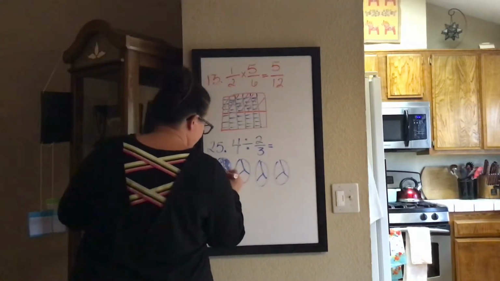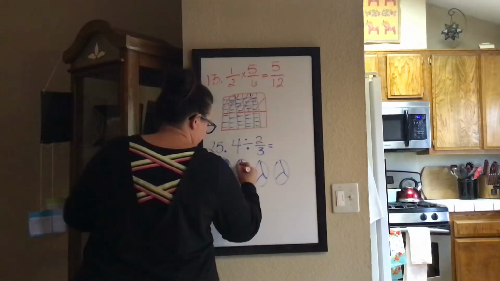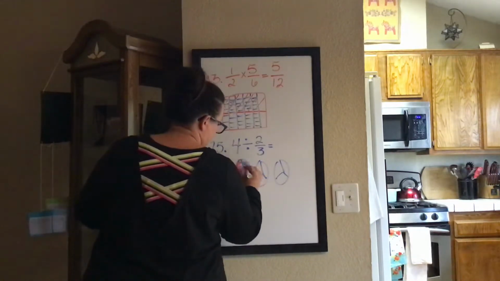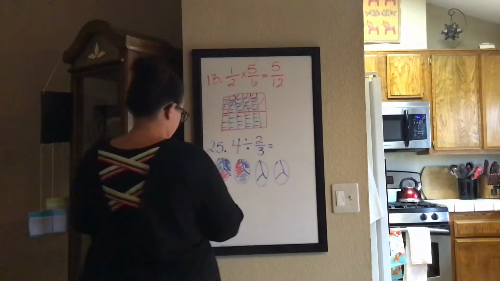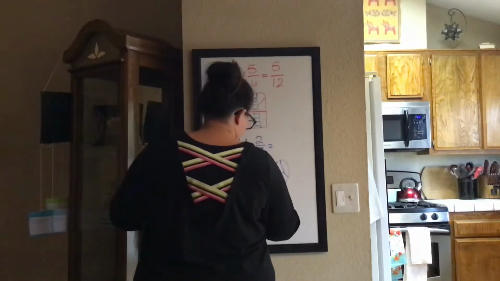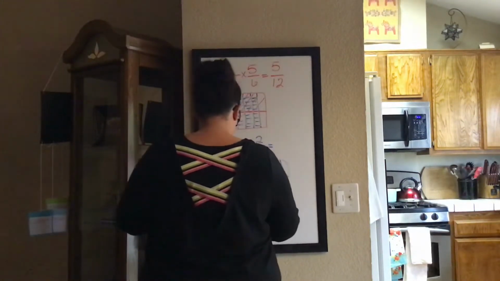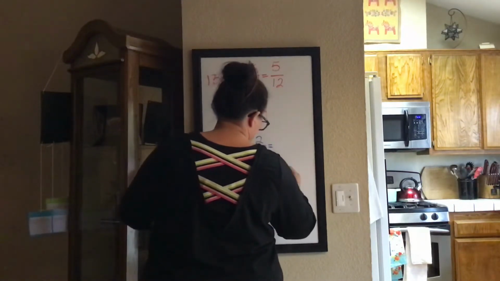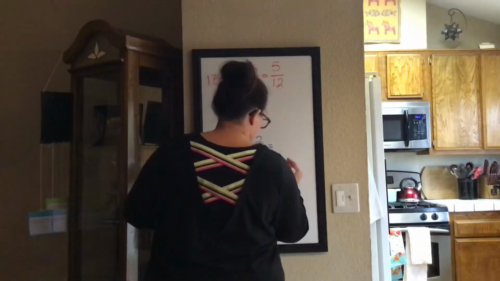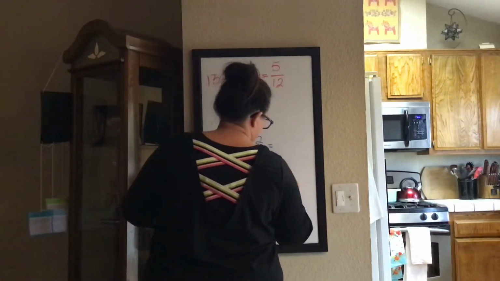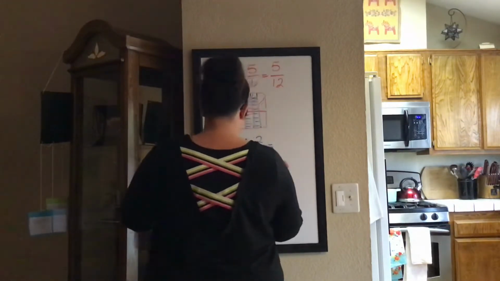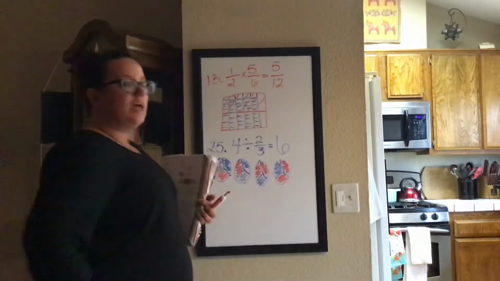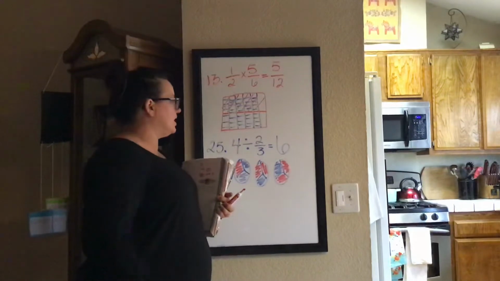So that's 1 group, 2 groups, 3 groups, 4 groups, 5 groups, and 6 groups. So my answer is 6 times. 6 times 2/3 can go into 4.